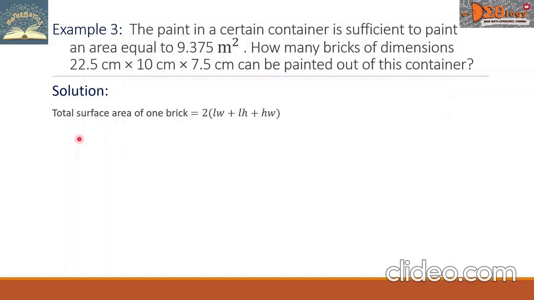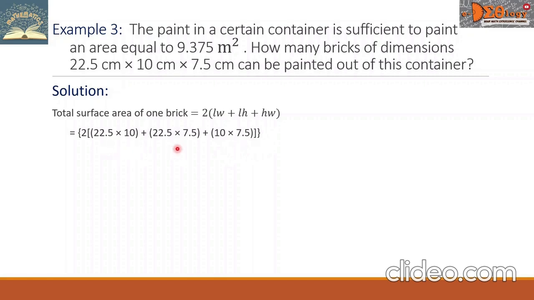First, take note that the total area of one brick, we write our formula. And then, we substitute the values. So that will be 2 times the quantity, this group 22.5 times 10, plus this group 22.5 times 7.5, plus this group 10 times 7.5.